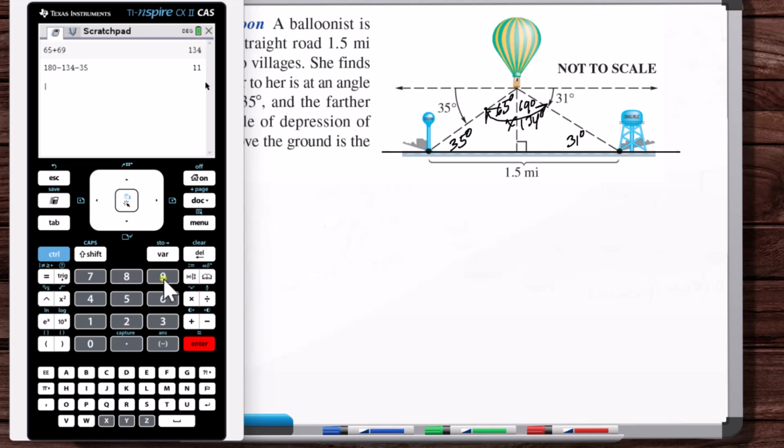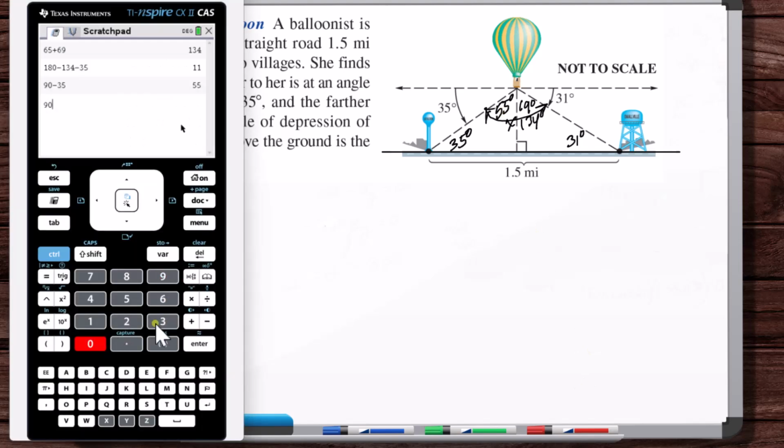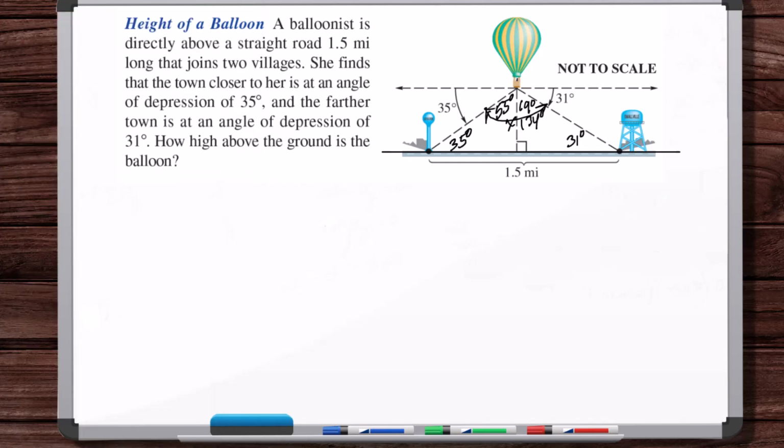Let's see. So 90 minus 35 is 55. Okay, I screwed that up. And then 90 minus 31 is 59. I'm going crazy.